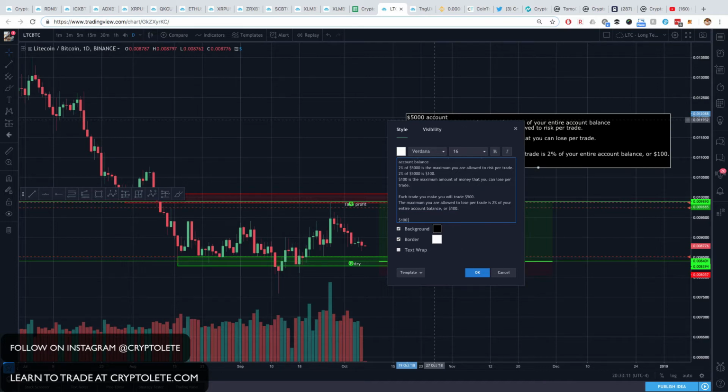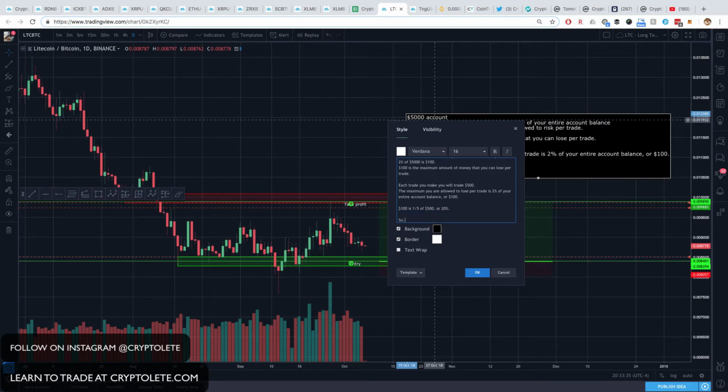Okay, that's how much you're allowed to lose per trade. And you're trading $500 per trade. So $100 is obviously 1/5 of $500, or better known as 20%.